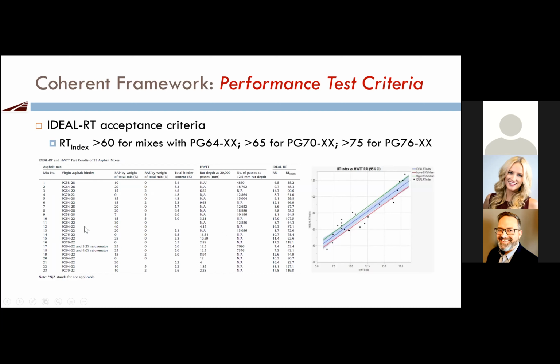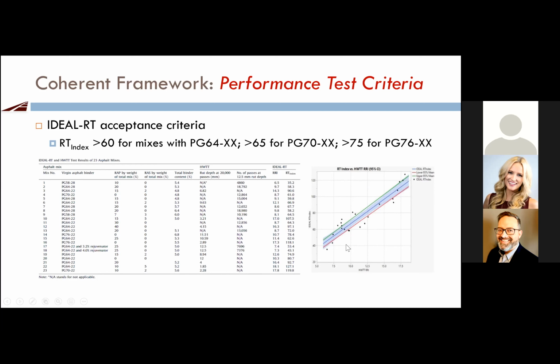For this study, we had 23 mixes, including different binders, different RAP percentages, and shingles percentages. So we have different binder contents, and different types of Superpave mixes and SMAs. We ran Hamburg and IDEAL-RT, and we had this correlation.